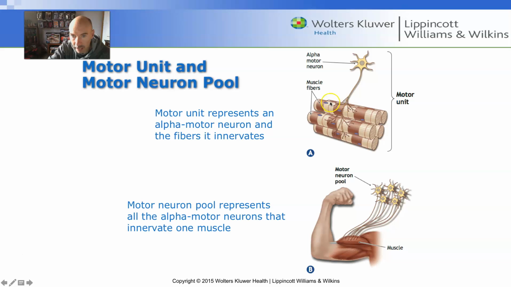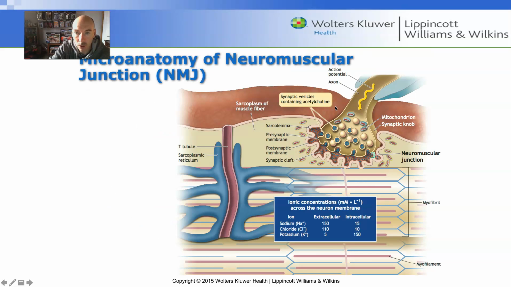Now, if we zoomed in on this part of the muscle fiber, it would look like this. The nerve doesn't actually touch the muscle fiber. It sort of fits in what's called a cleft. At the end of this nerve, as the electrical impulse comes from our brain down the nerve, it stimulates the release of a neurotransmitter.